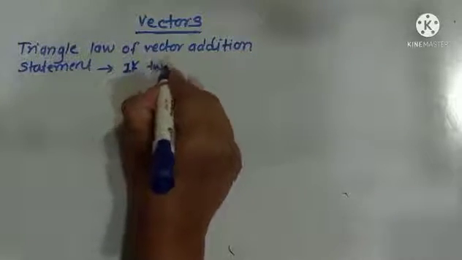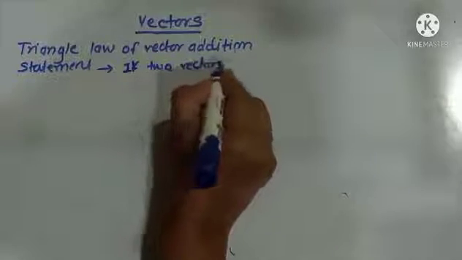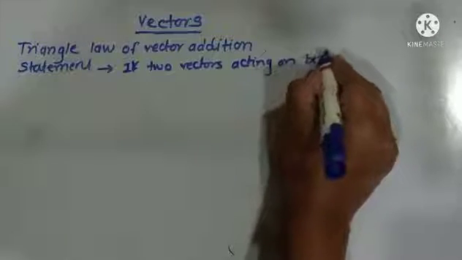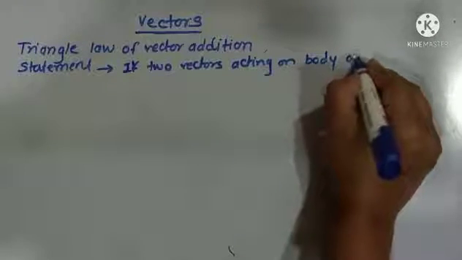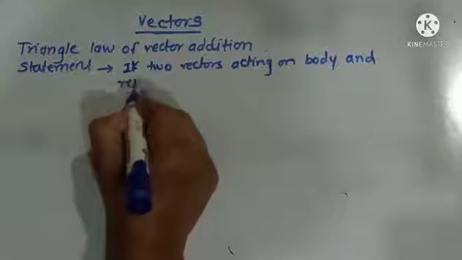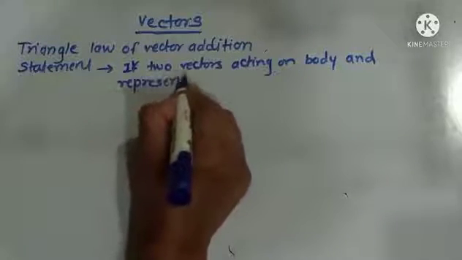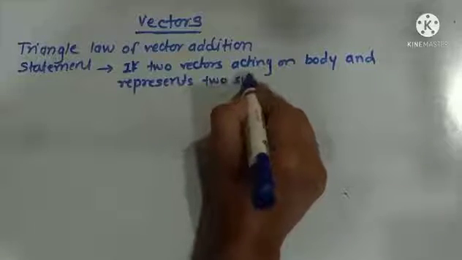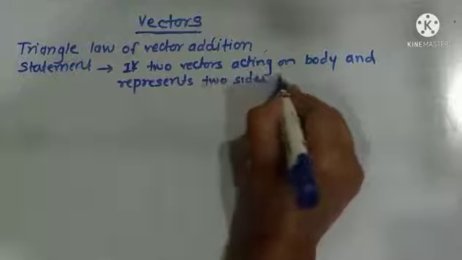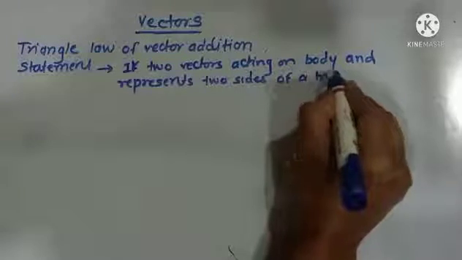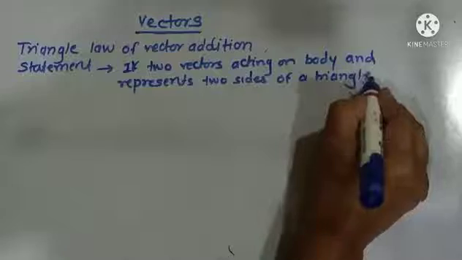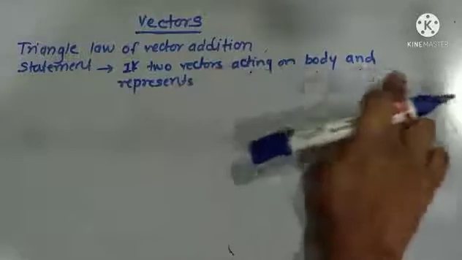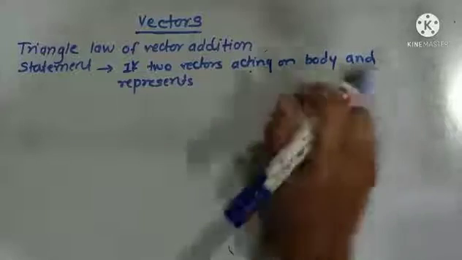If two vectors acting on a body represent two sides of a triangle, both in magnitude and direction. Okay, this term is important.